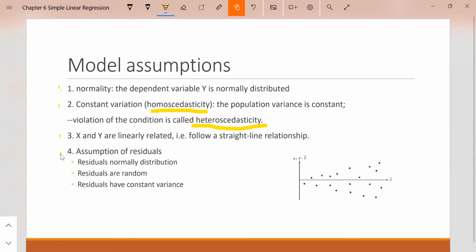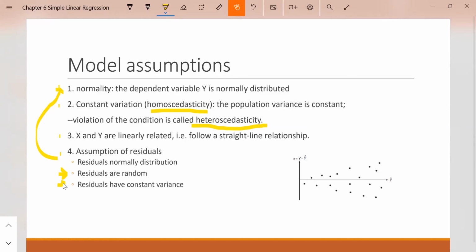And lastly, we have the following assumptions for the residuals. Just as we want y to be normally distributed, we want the residuals to be normally distributed. We also want the residuals to be random, meaning that, similar to what we learned before, after we use the model to capture the data, we want the model to capture anything that we can predict, anything that is systematic. So whatever is left is just the randomness.